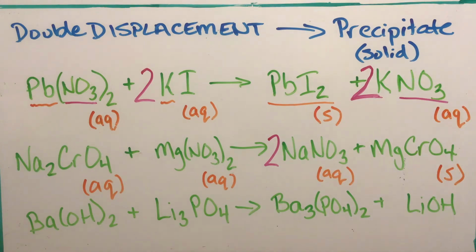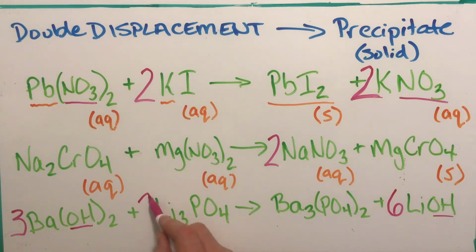Now I just got to make sure we are balanced. So 1 barium, 3 bariums. So I'm going to put a big 3 here. 3 bariums, 3 bariums. 3 times 2 is 6 of these hydroxide polyatomics. Here I've only got 1, so I'm going to put a 6 here. 6 hydroxides, and 3 times 2 is 6 hydroxides. 3 lithiums, 6 lithiums.